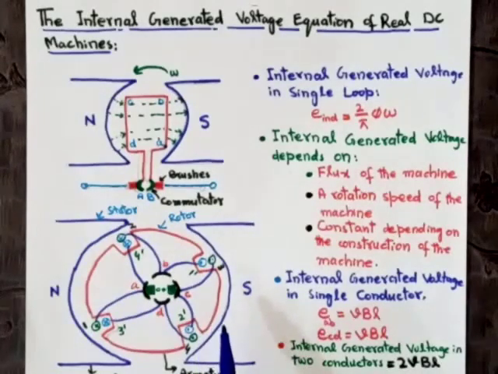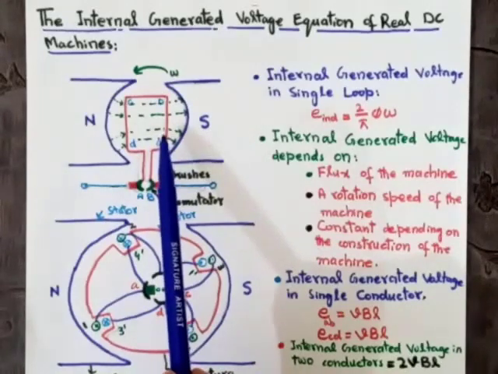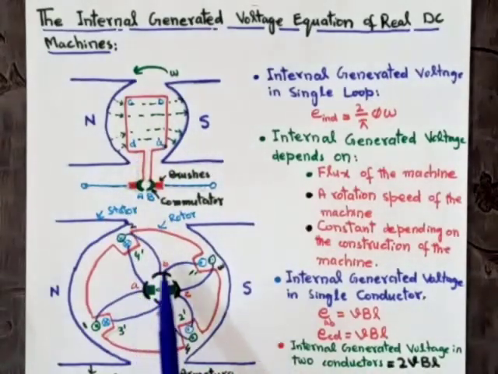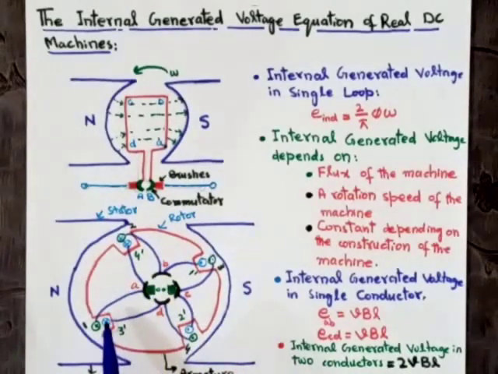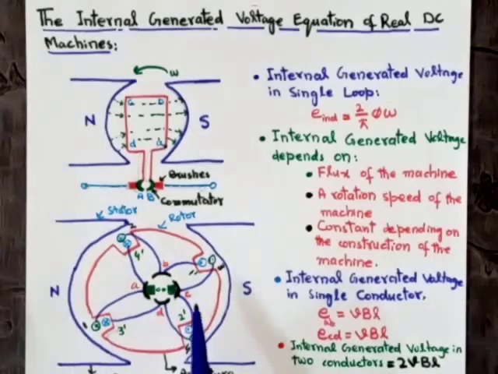As we have already discussed, one side of the loop is called the conductor. This is a single loop. In the case of a single loop, there are two conductors, conductor AB and conductor CD. Here the number of loops is 4. In the case of 4 loops, the total number of conductors is 8. Here 4 conductors are under the north pole and 4 conductors are under the south pole.